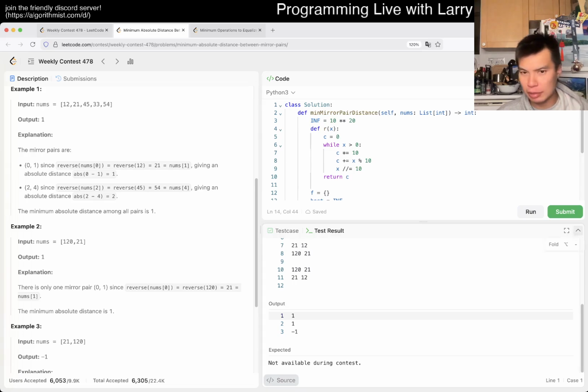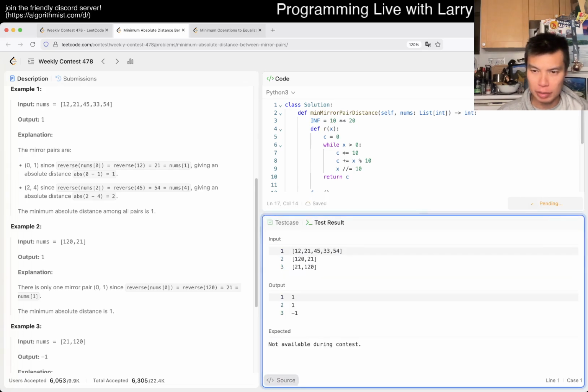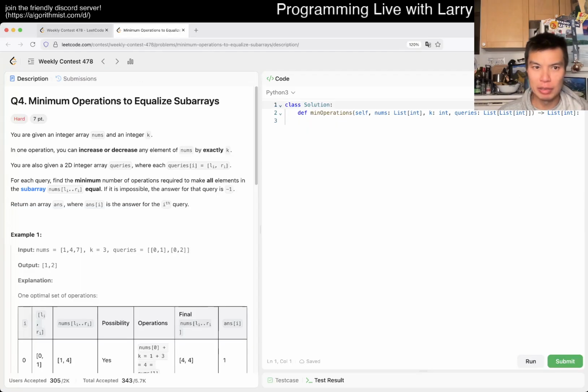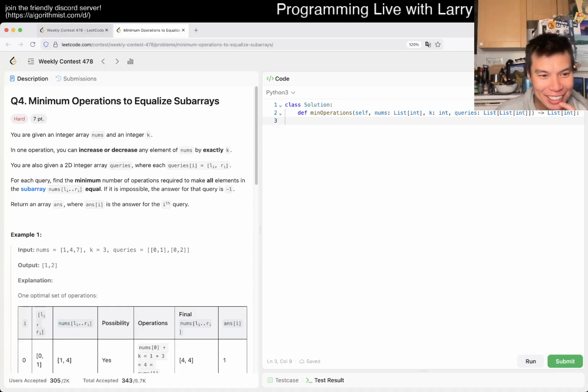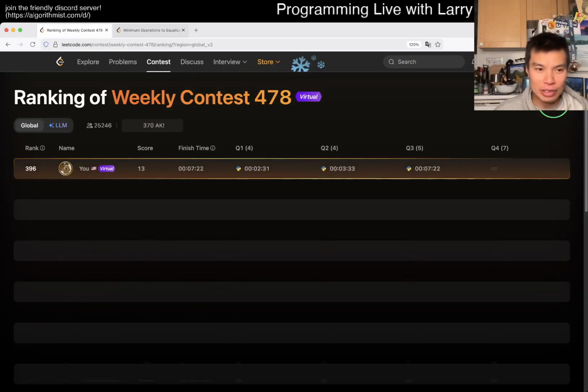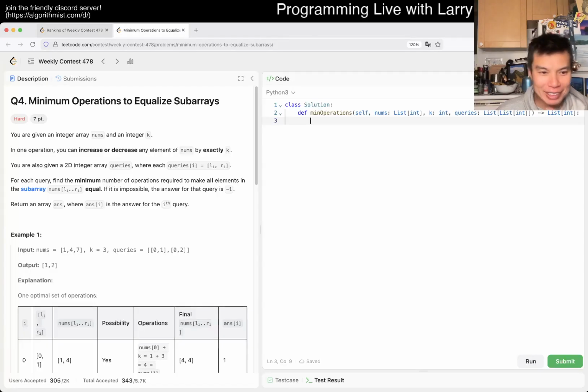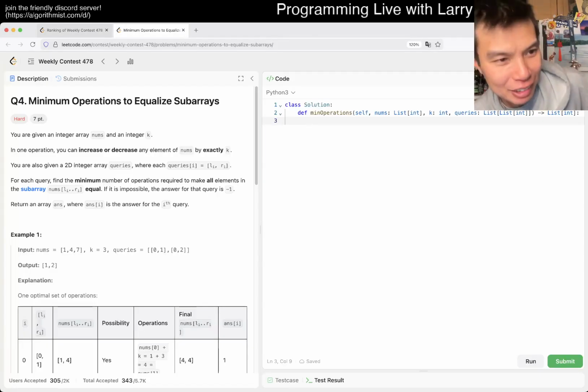I thought that it actually didn't matter which direction you go, but maybe I just didn't think about it carefully enough, which could have been an easy wrong answer, to be honest, but it just didn't pass the examples, which is lucky. Okay. How am I doing on time? Minute 22, an hour 22. People are very fast. 1 minute on Q4. That seems crazy.